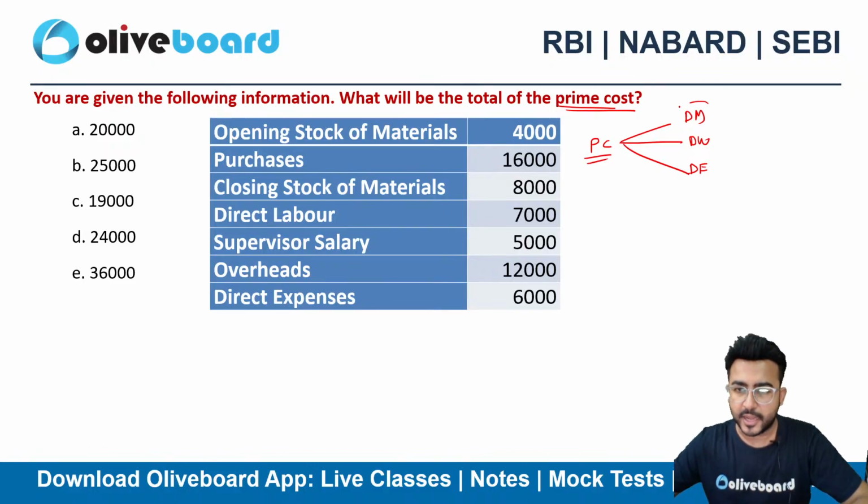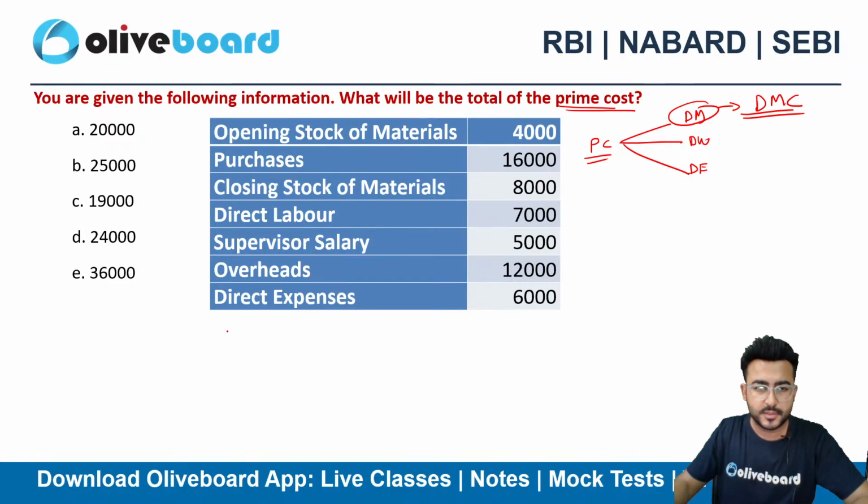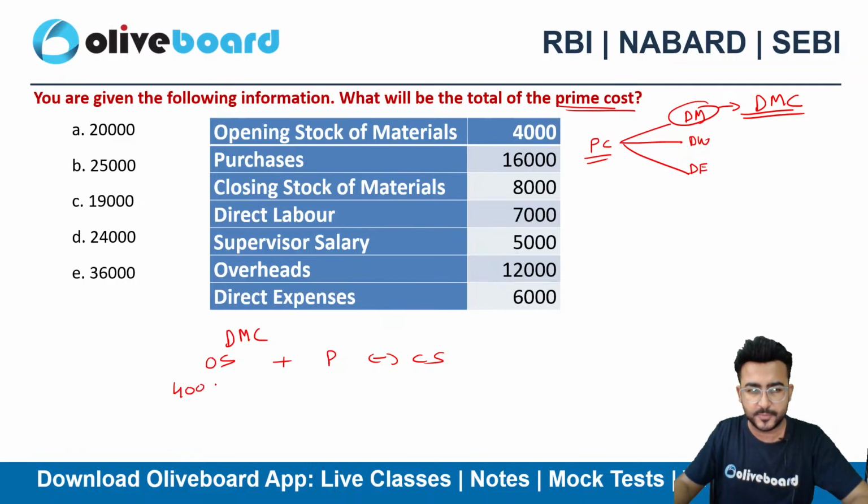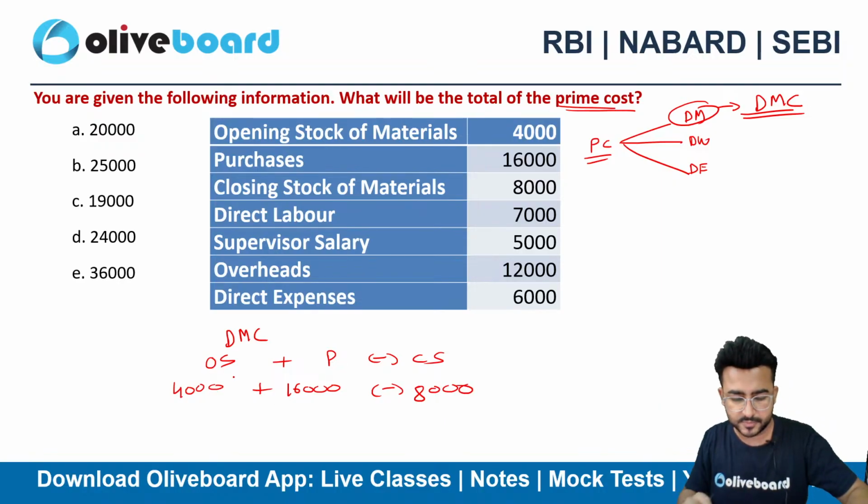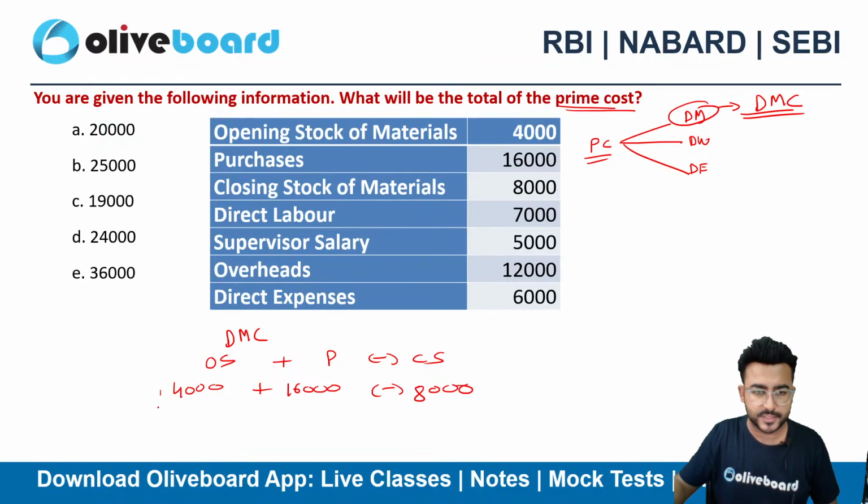In direct material, we always take direct material consumed. How to calculate it? Opening stock plus purchase minus closing stock. So 4,000 plus 16,000 minus 8,000, which is 12,000.